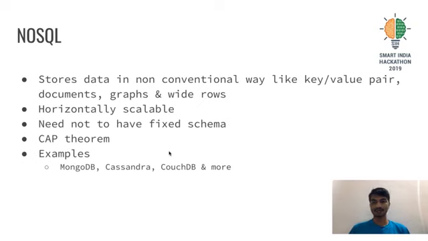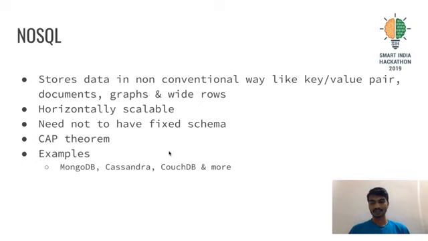I can have availability and partition tolerance, or consistency and partition tolerance, and some modern databases like CockroachDB support the flexibility of configuring which parameters of the CAP theorem I want to have, and I can define my database.